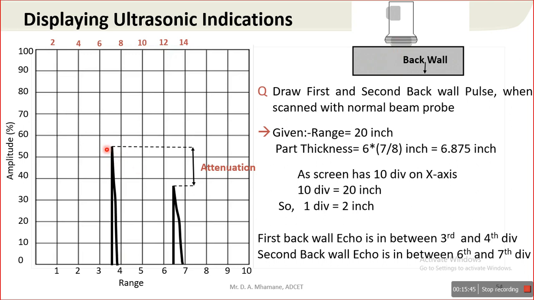This first back wall echo comes, and when the same ultrasound propagates again and reflects from the same entity, then this second back wall appears on the screen. So due to the same interval of time required for the second propagation, due to that double propagation, two back walls come on the screen.